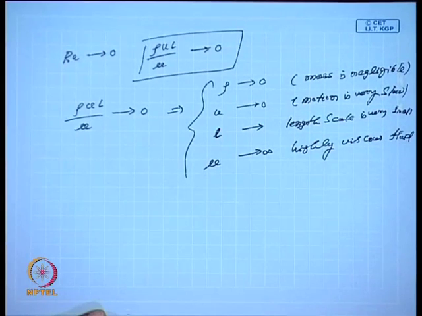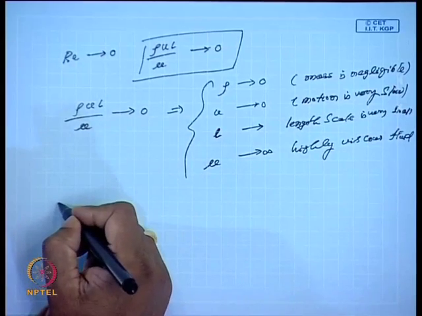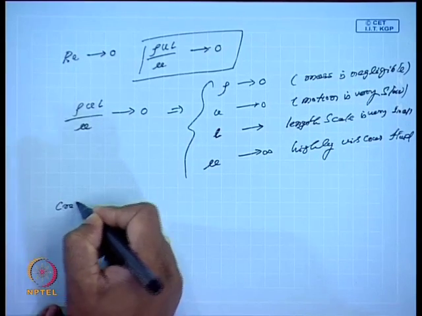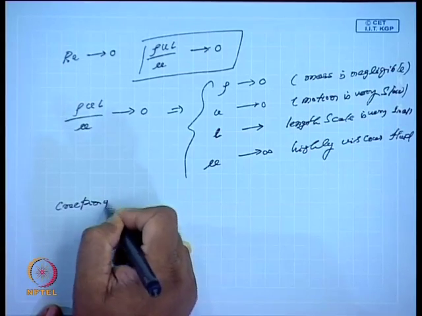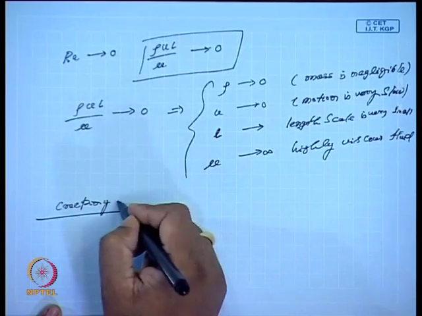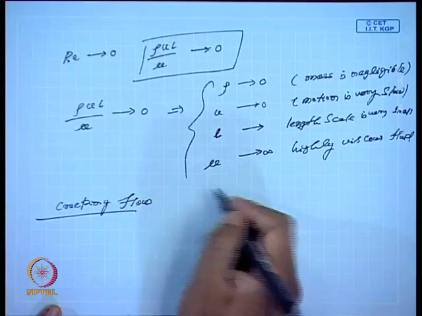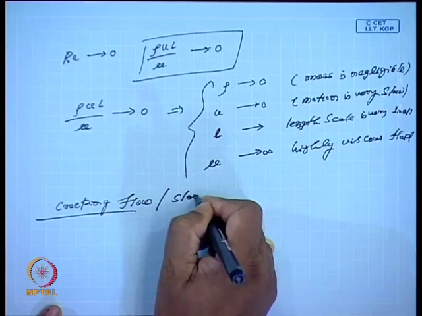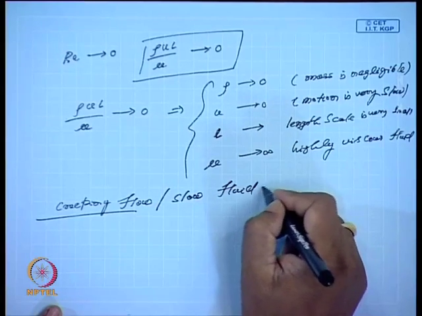So, when Re tends to 0, the associated flow we call creeping flow, or slow fluid flow. Fluid motion is very slow.